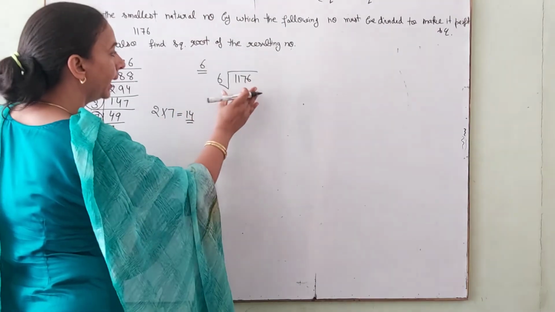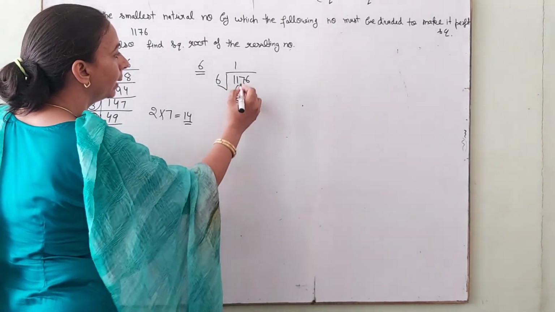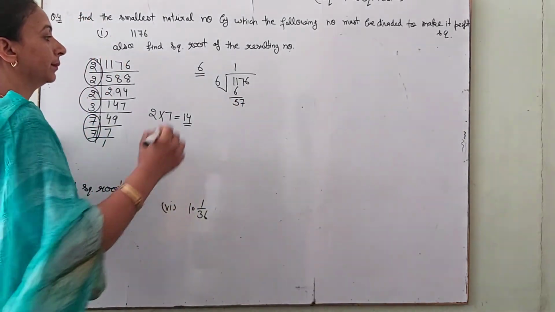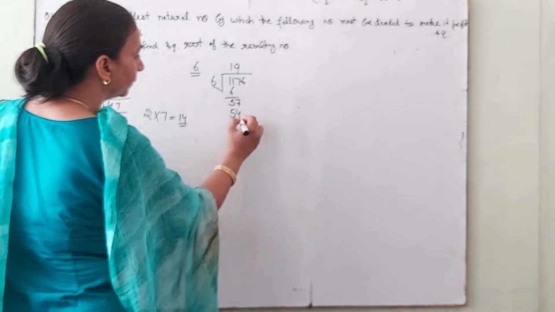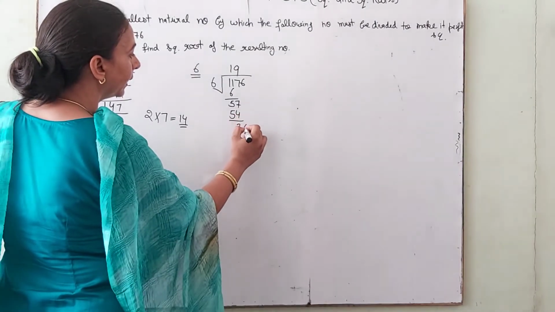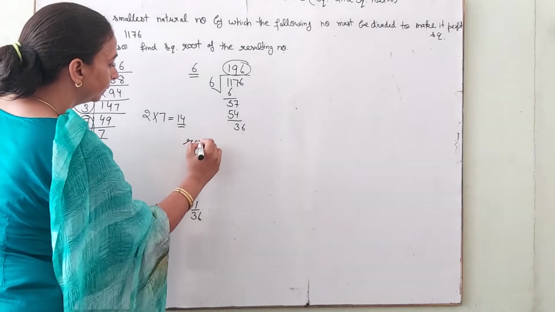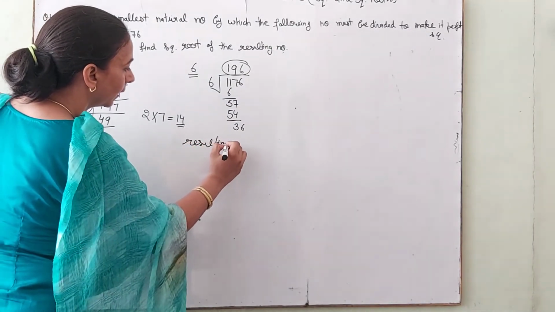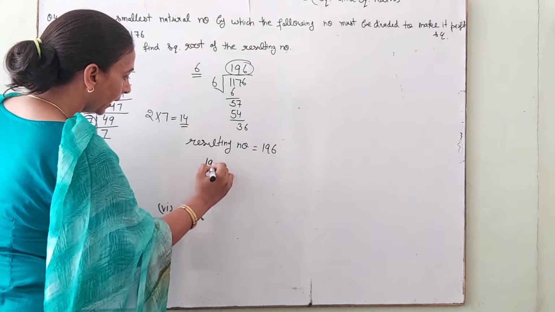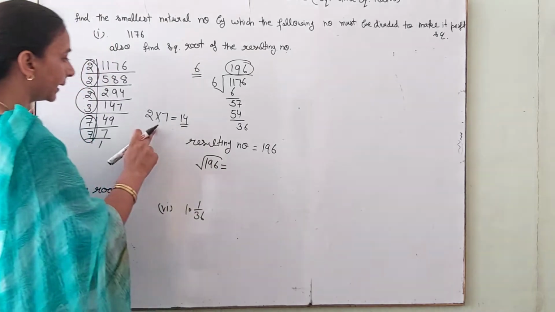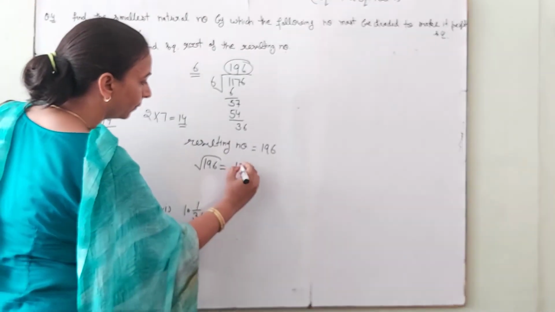And this is if we divide this by 6, then 5, again we take 7. 9 6 9 15, 4, again we take 3, then 6 and 6, 196. Resulting number is 196 and square root of 196 is a resulting pair 2 and 7 and multiply of this 4.